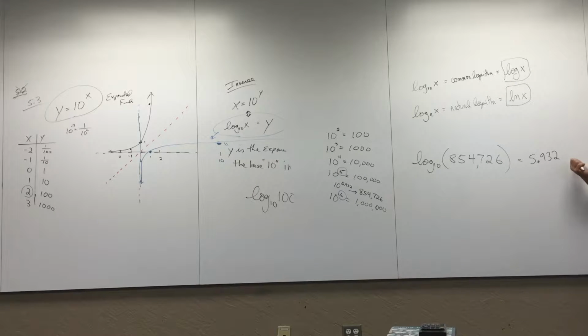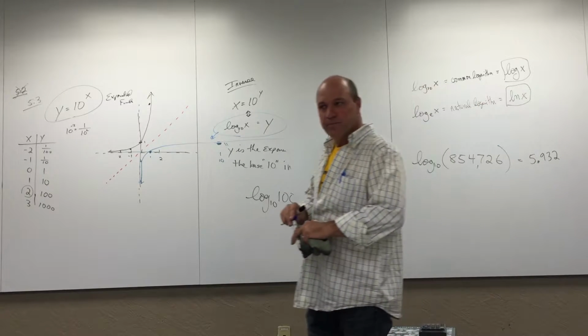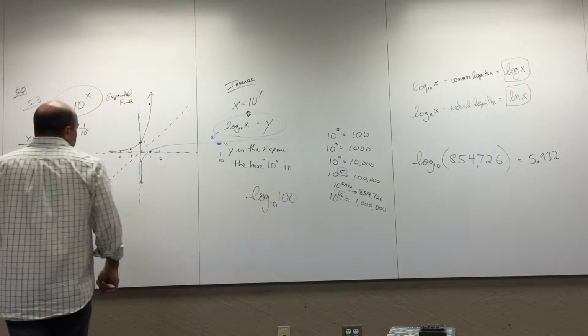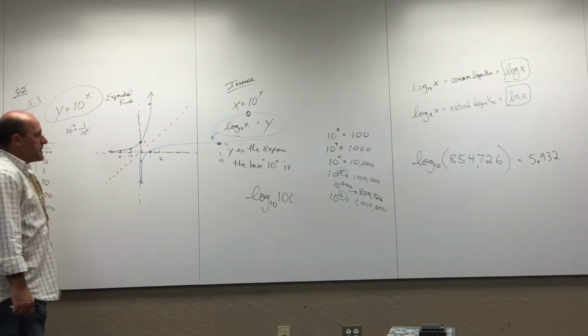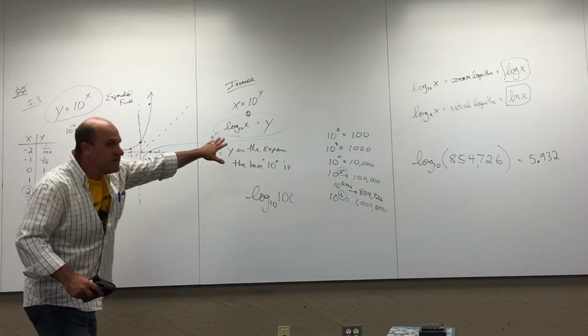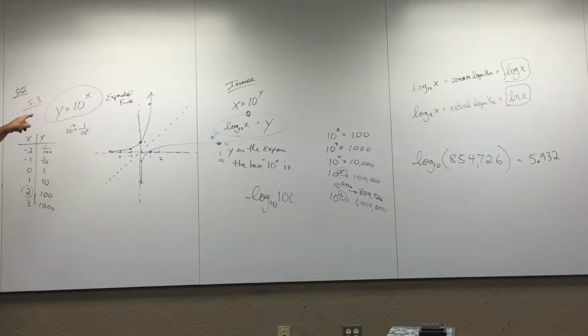Thank you. So this was rounded, and we put it on there. We don't quite get back to the original because this was rounded. Cool. Logarithms are the inverse of these exponential functions.